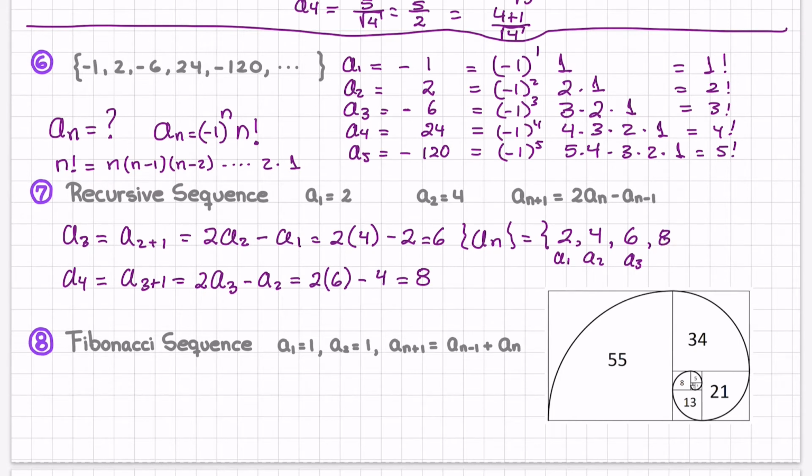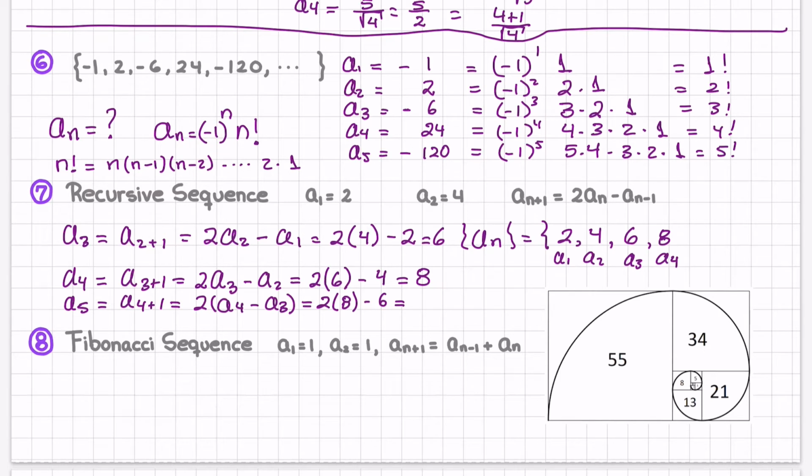Oh, what are we getting here? Let's see a5 to see what we're getting. 4 plus 1, that's 5. 2a4 minus a3. 2 times a4, which is 8, minus a3, which is 6.